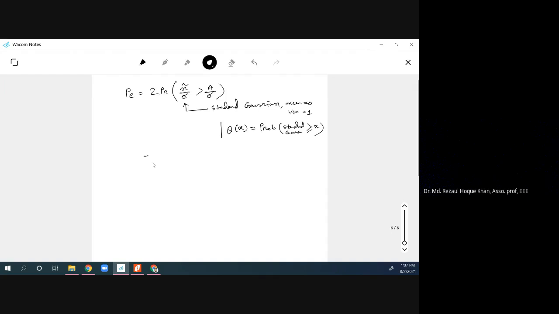So we can rewrite it as twice Q of a by sigma, with sigma being the standard deviation of the noise, from variance N0/2.